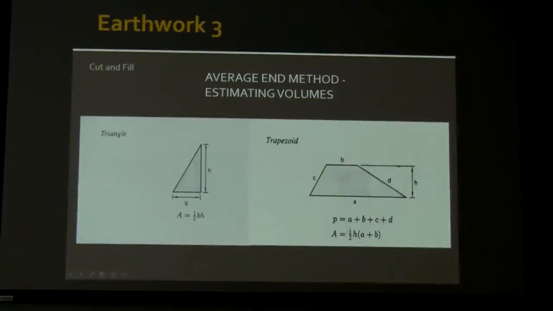The area is equal to 1/2 the height times (a plus b), which is really a better way to look at it: h times (a plus b) over 2, because what we're really trying to do is take the average length of the top and the bottom. So it would be (a plus b) divided by 2 times h. That would give us the area of a trapezoid.